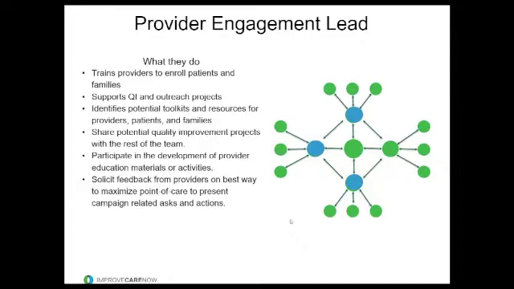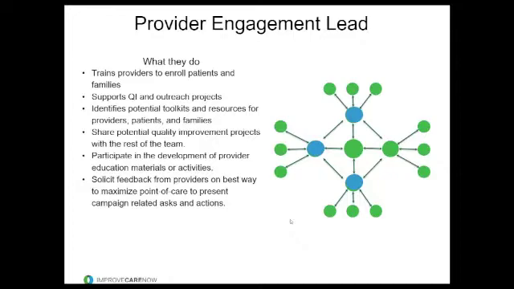This is a role that's typically filled by the organizer or the person who's leading the team as the team is getting up and rolling. But somebody who can work with clinical staff and the parents or patients on the team to identify potential toolkits or new resources or information.